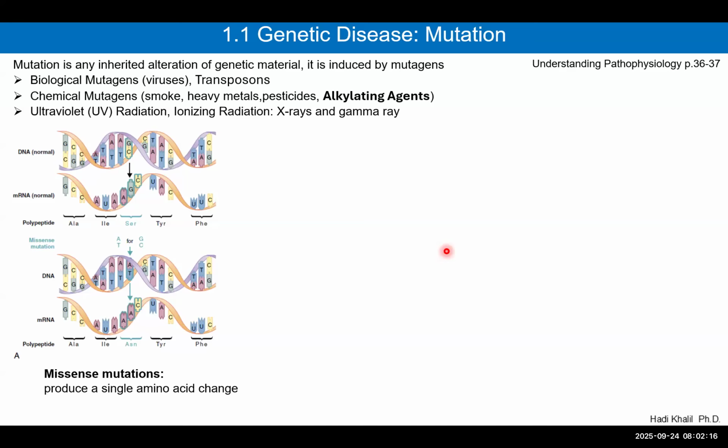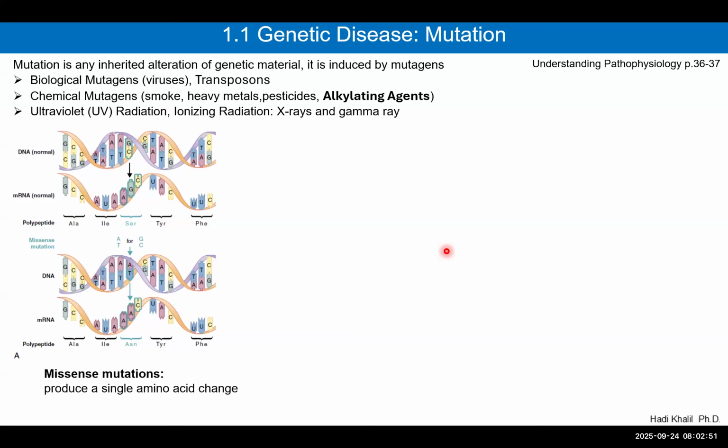Transposons are in fact parts of our chromosomes that exchange places across the genome. It's one of the aspects of genetic stability, in fact. Chemical mutagens like smoking, heavy metals, pesticides, alkylating agents like ethidium bromide and such, UV light, ionizing radiation, and gamma rays, all that could cause changes in your DNA and could cause a single mutation.